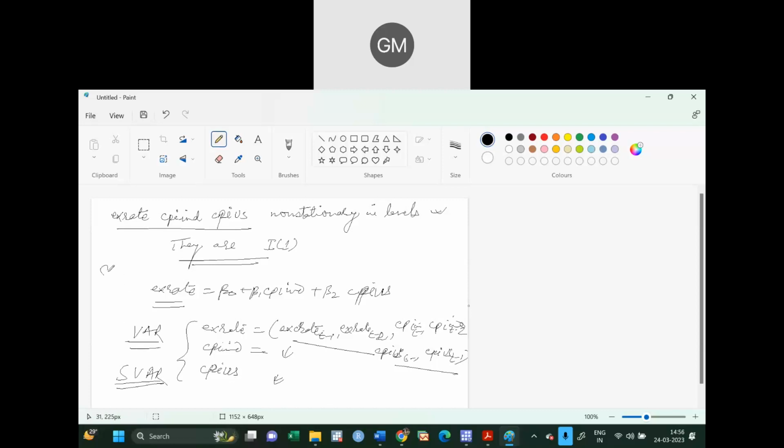There is something called SUR you might have studied in advanced econometrics, seemingly unrelated regression. In that case, what do we assume? Error terms of one equation are not related with the error terms of the second equation. However, that is one of the things that we break here. So the error term of the second equation will be affecting the equation of exchange rate, or maybe the equation of the consumer price index of US.